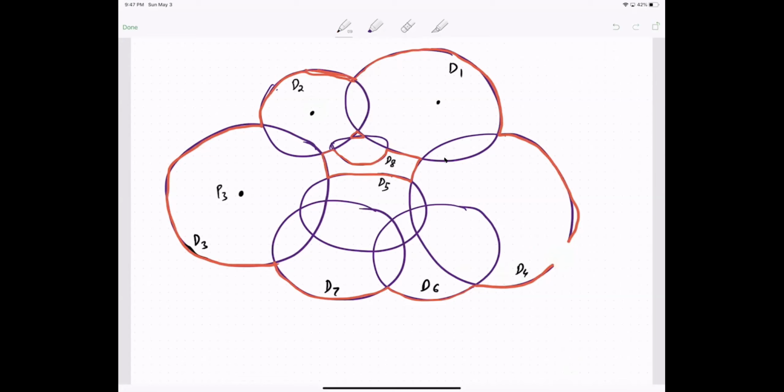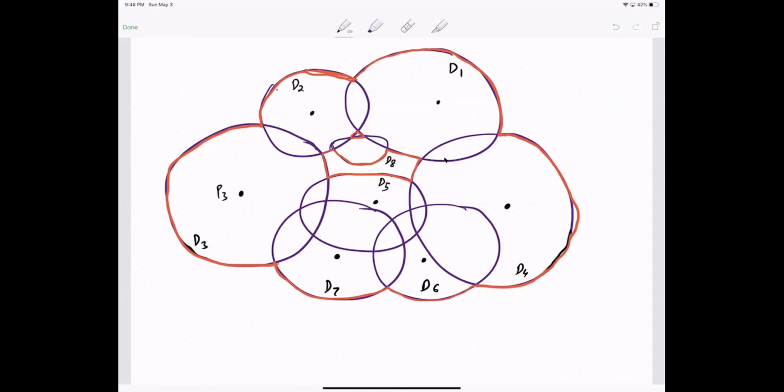Then we need to look at the centers of all of these, so let's draw the centers. This is not drawn to scale.